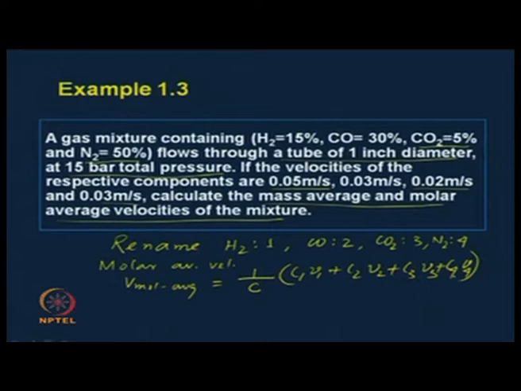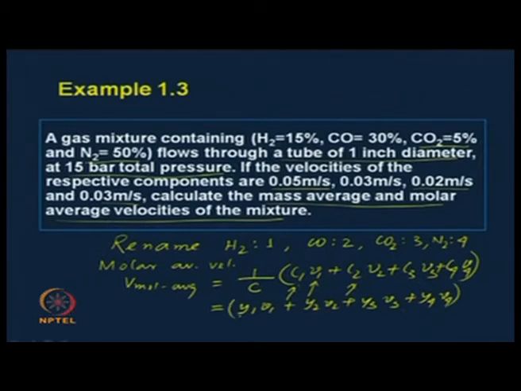Now, the velocities are given and the concentration of each term, if we substitute, then we will be able to calculate the total molar average velocity. In this case we can write this will be y1 v1 plus y2 v2 plus y3 v3 plus y4 v4.